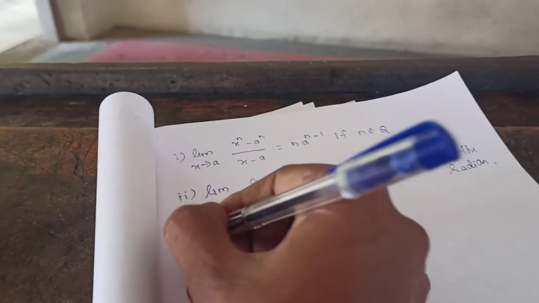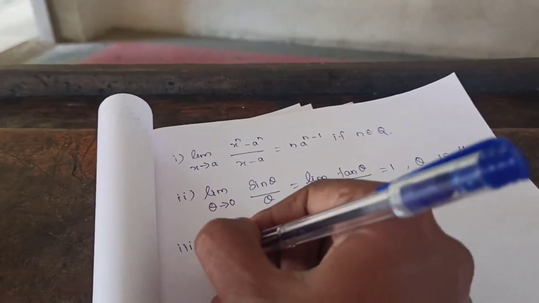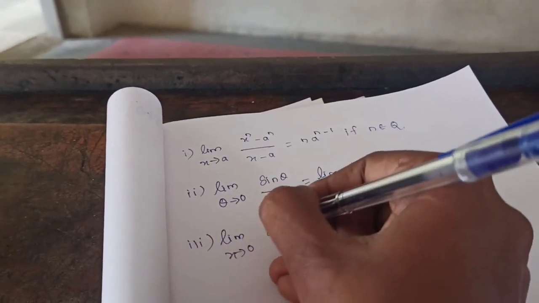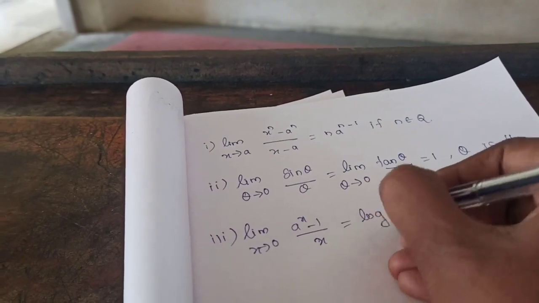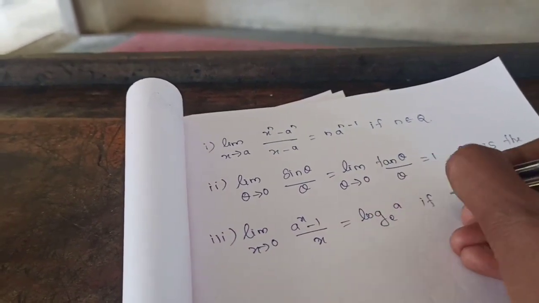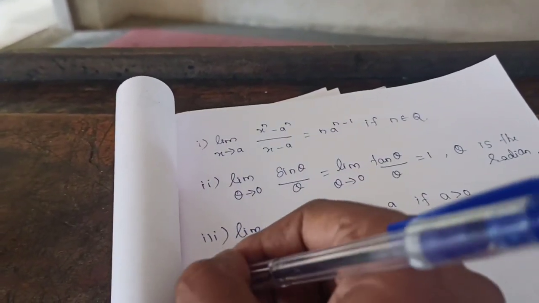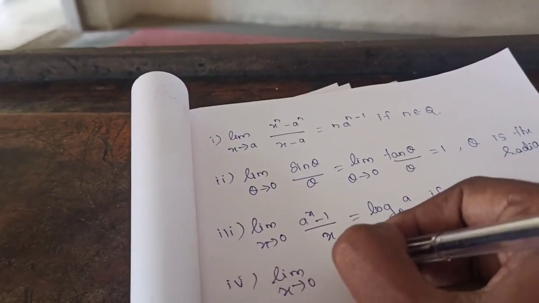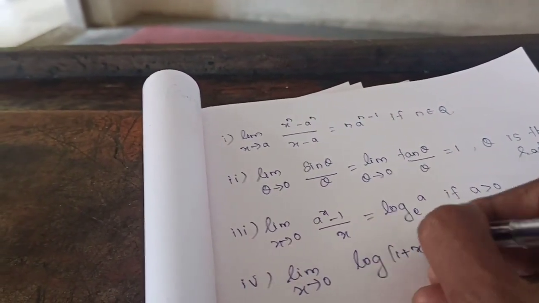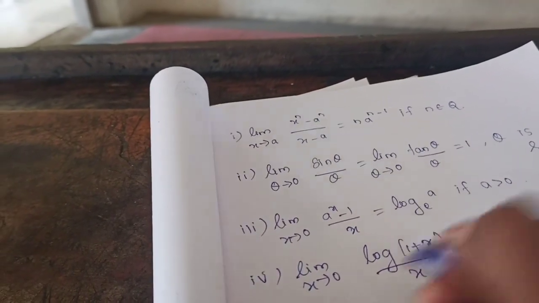Then the third one, limit x tends to 0, a power x minus 1 divided by x is equal to log a, if a is greater than 0. Fourth one, limit x tends to 0, log of 1 plus x divided by x is equal to 1.